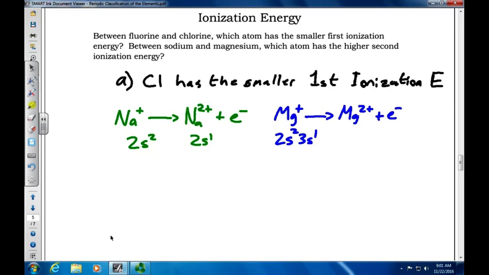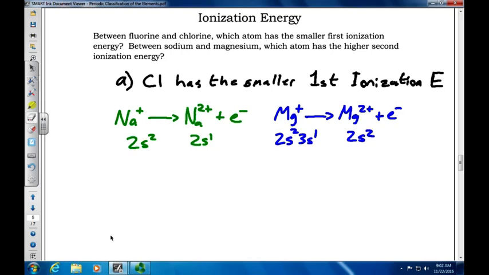That's why you generally don't see magnesium in this sense, versus a 2s2. Your 2s2 is going to shield your 3s more effectively and easier.